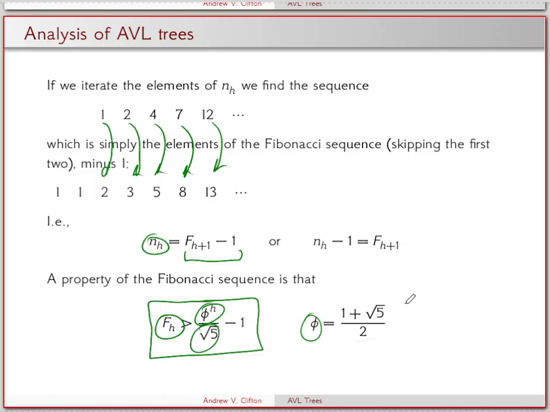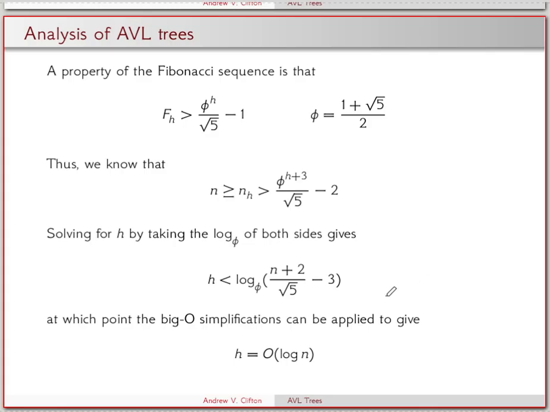So we're going to wave our hands algebraically and rearrange this stuff so that we get something we can use. If I rearrange this, I eventually end up with something that says that my height is going to be less than the log base phi of this gnarly looking stuff on the inside.